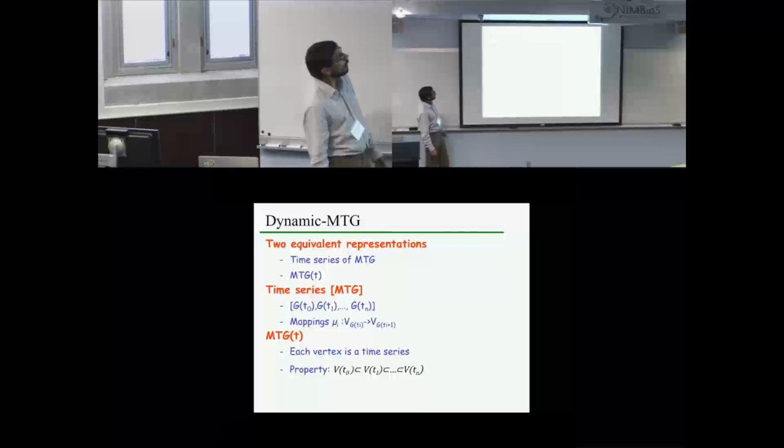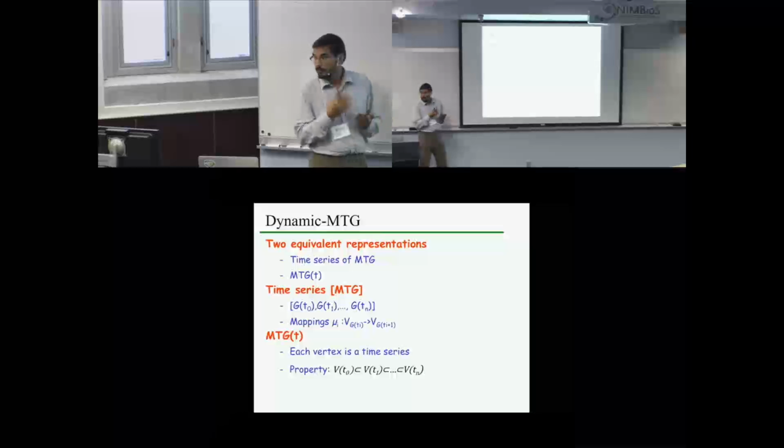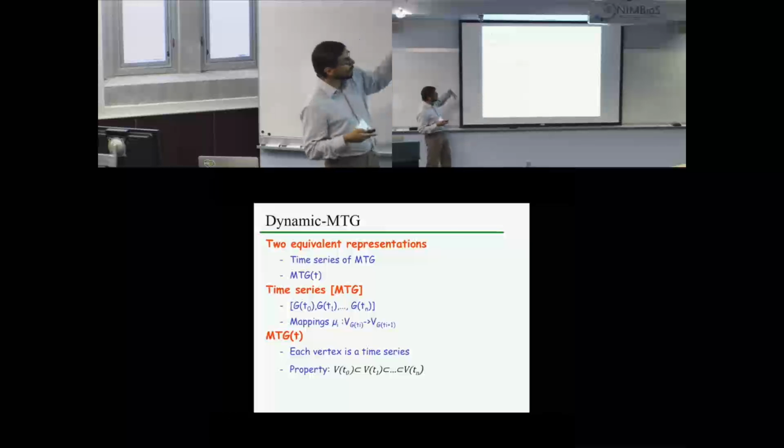So now, how do we represent the dynamics of this structure? We can view this structure as a time series of graphs, or have a graph containing, for each vertex, a time series. And both representations are used and are equivalent.